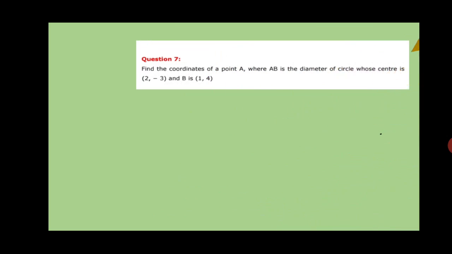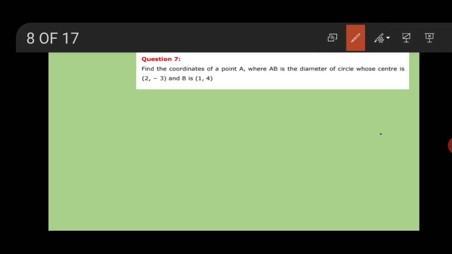Find the coordinates of a point A where AB is the diameter of a circle whose center is (2, minus 3) and B is (1, 4). So draw a suitable rough figure. See, this is a circle with the center O. AB is the diameter and coordinates of A is unknown.